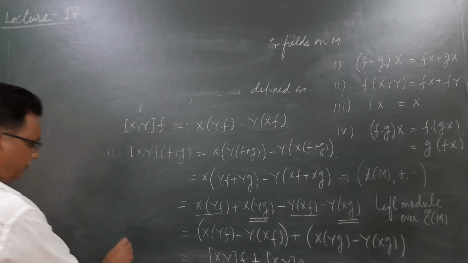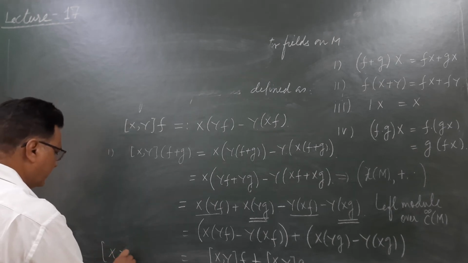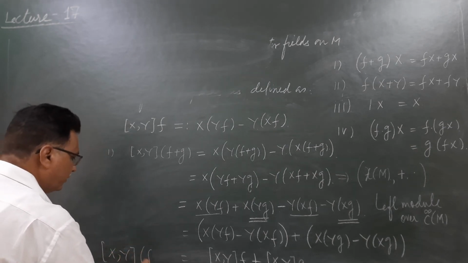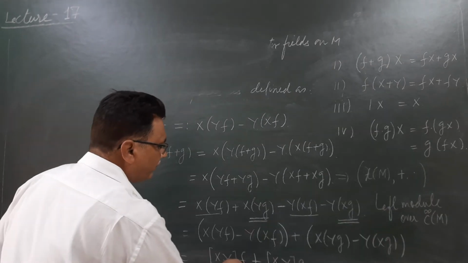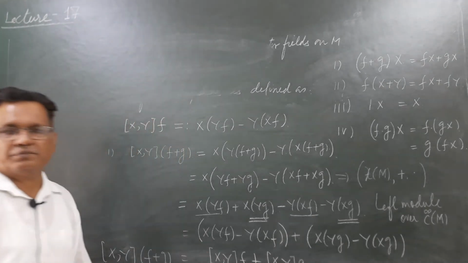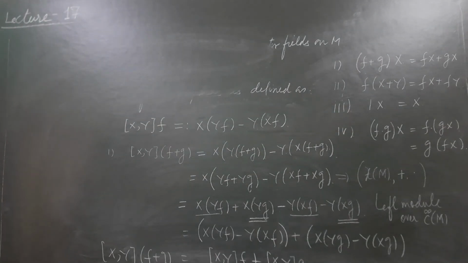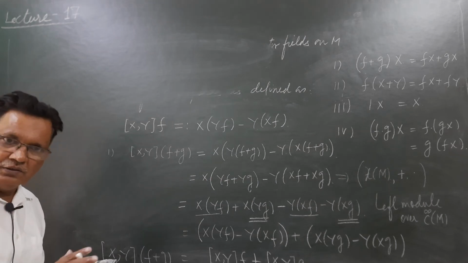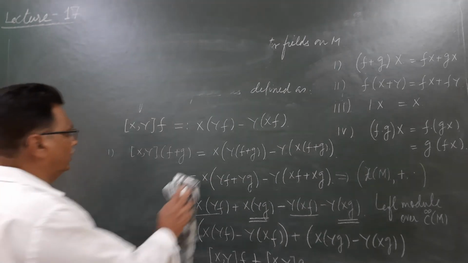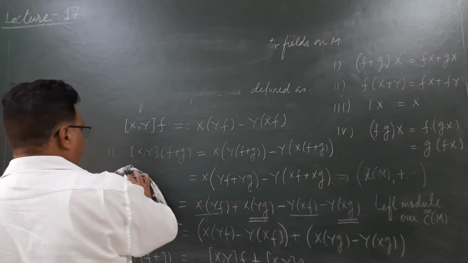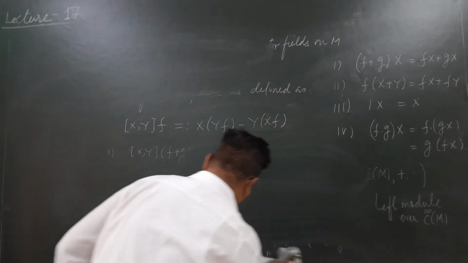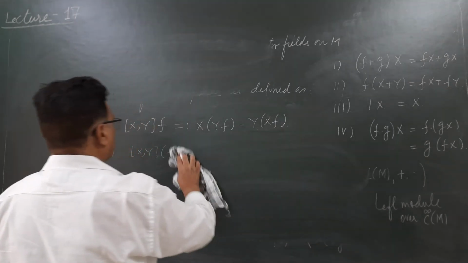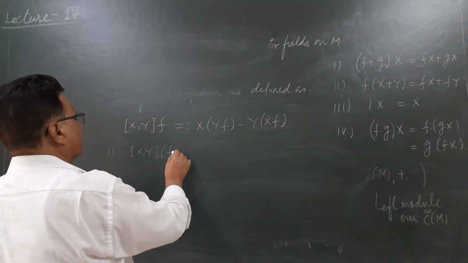So we have shown that Lie bracket XY operating on f plus g equals Lie bracket XY operating on f plus Lie bracket operating on g. So additivity holds. Similarly, homogeneity will hold on the same lines. You must check the Leibniz property also. वो भी देख लेनी चाहिए, हो सकता है उसको करने में बच्चों को दिक्कत आए.